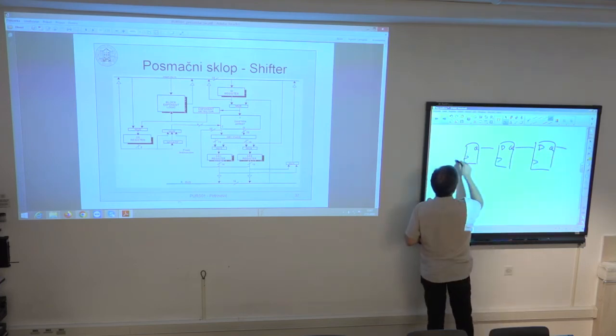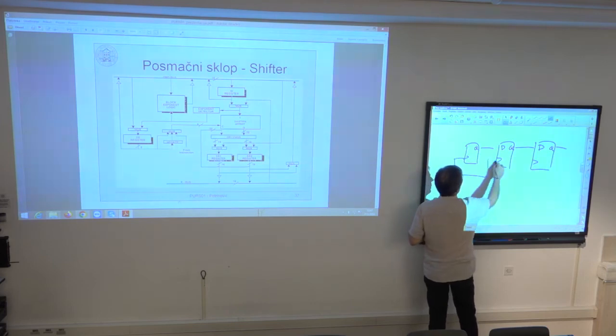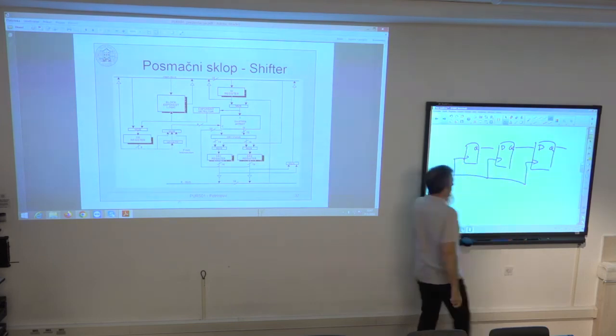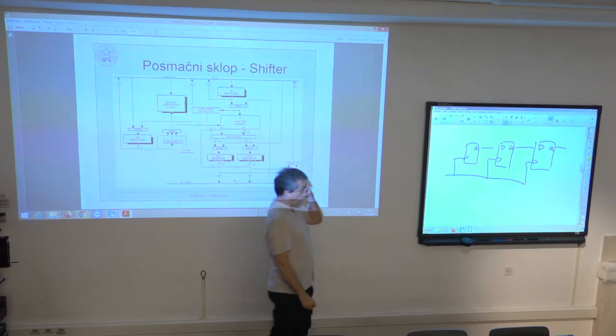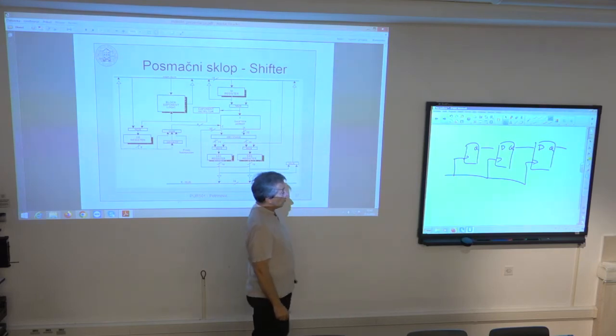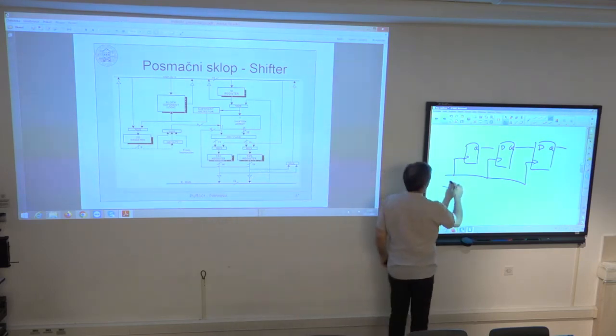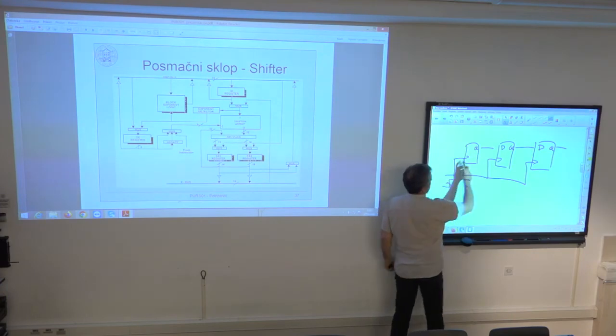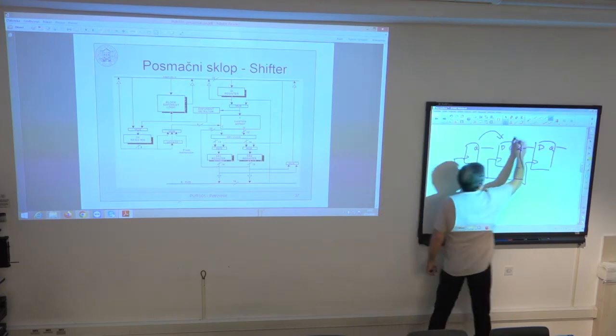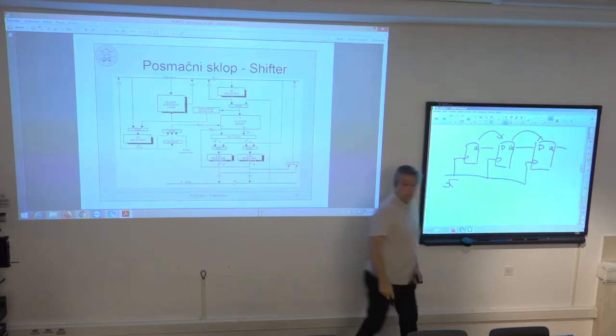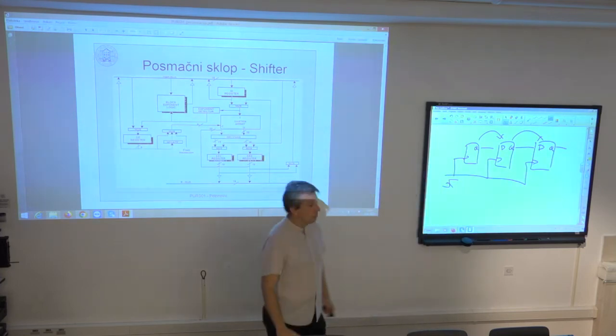This is the way that shift registers are implemented on a conventional microcontroller or CPU. By applying a rising edge here, I simply transfer the value from one flip-flop to the other.